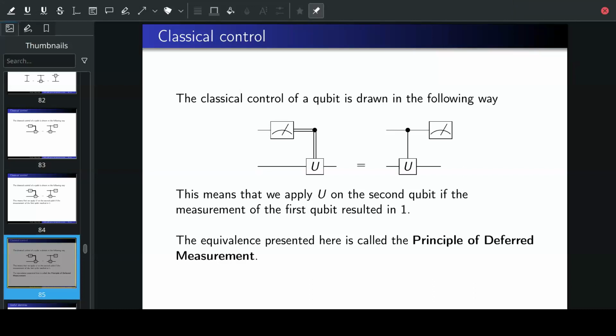I might have a short question for the material. Yes. Why is the no-cloning theorem so crucial for quantum computation and quantum circuits? Well, because it limits our possibilities.